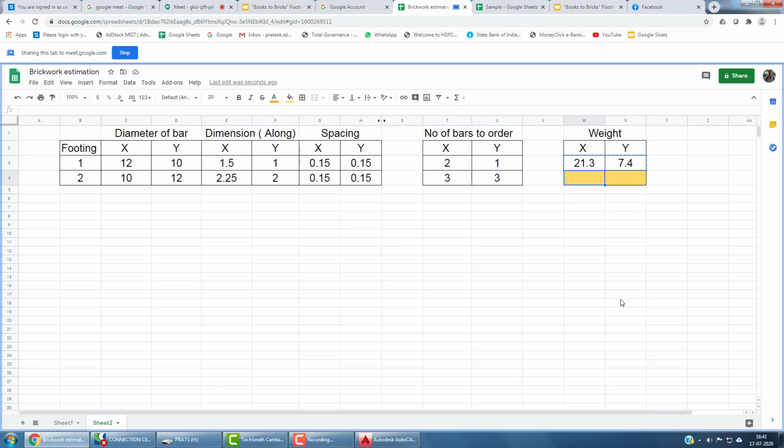I'll just copy paste this. 22.2 and 32. Yes, Rachna is right. 22 and 32. This is the weight in terms of kg that you have to order. Clear, guys? Yes, guys, is it clear?